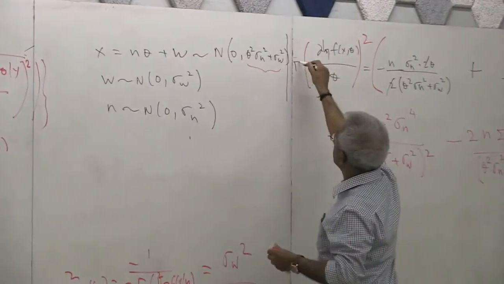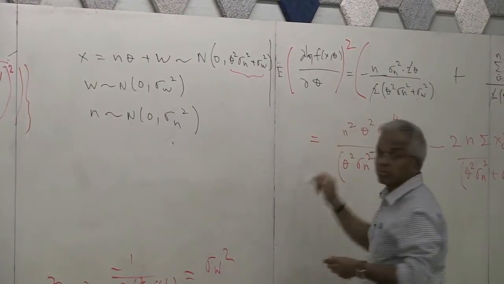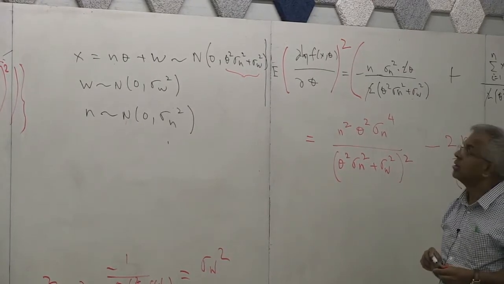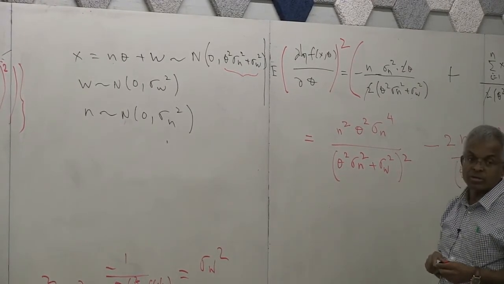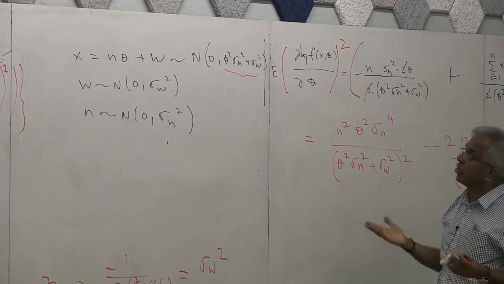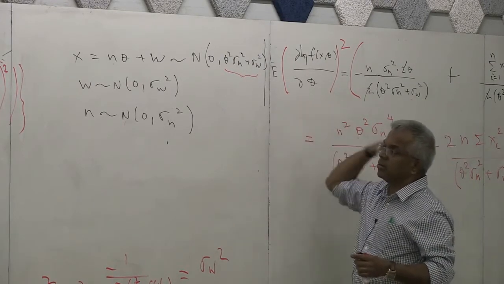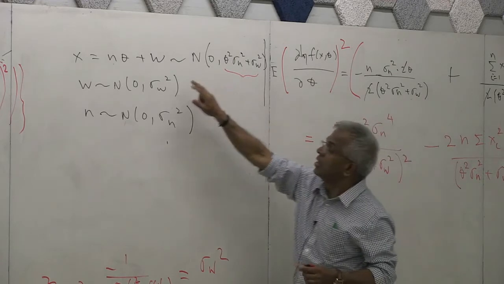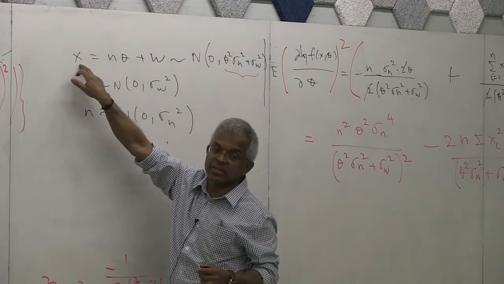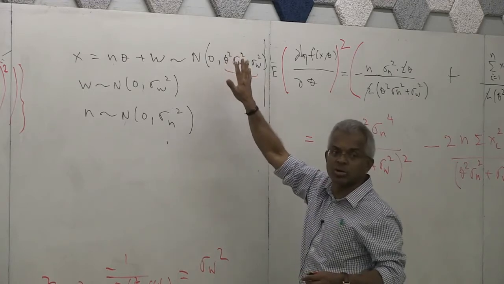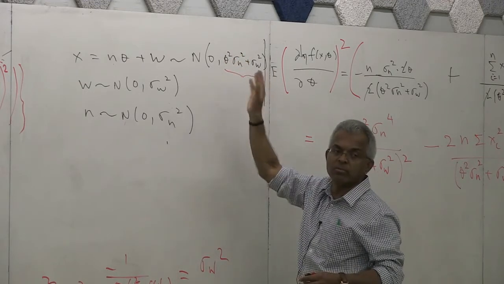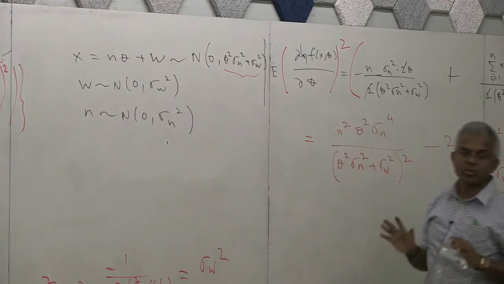So let me do an expected value with respect to W and N simultaneously. There is only one random variable here, right? Look at the way it is done. The random variable is x. You saw the density function here. This is all constant. There is no W here now. Randomness is with respect to x.